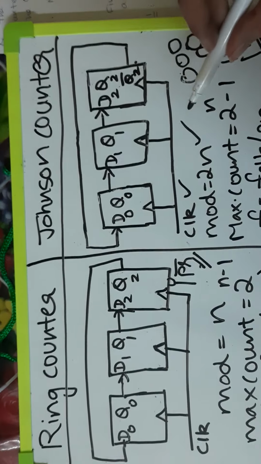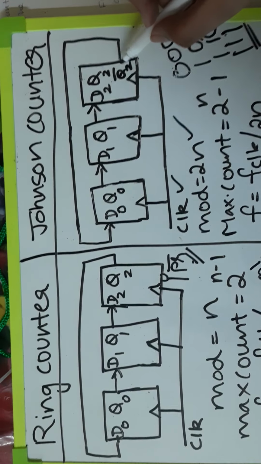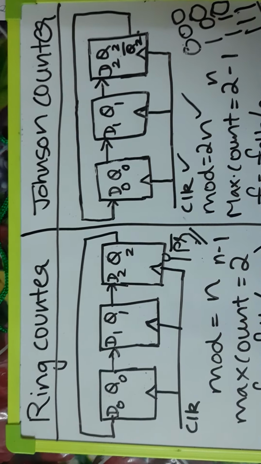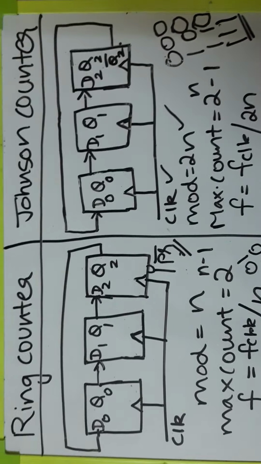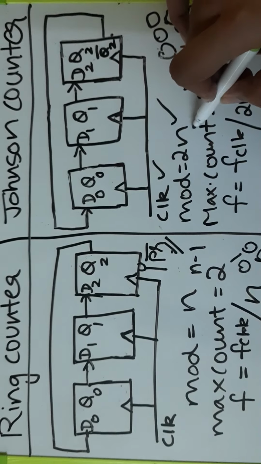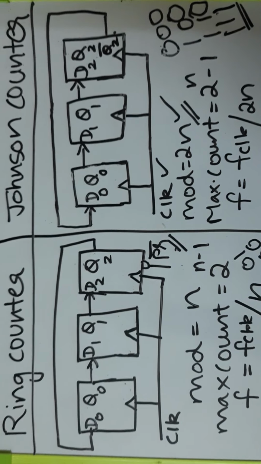Whereas the Johnson counter is a self-starting counter and it is based on the value of Q2 bar which gets shifted. So this is a very important difference. And based on the performance, the Johnson counter is better since the modulus number is higher, which means more number of states.